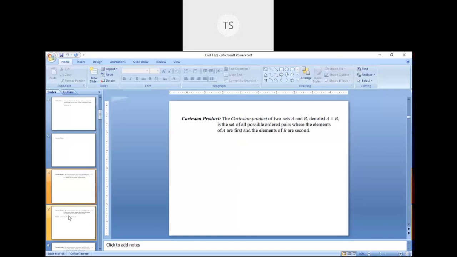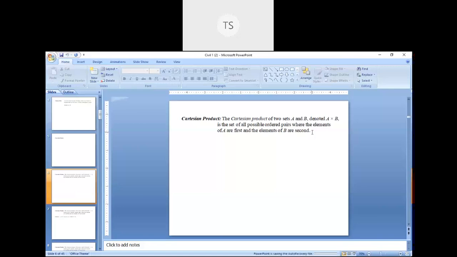For Cartesian product, you need two sets A and B, and it is denoted by A cross B. So for Cartesian product, you have to use the symbol, the multiplication sign, and it is the set of all possible ordered pairs where the elements of A are the first elements and the elements of B are the second elements. Now I think from this definition you are a little bit confused. What is that ordered pair? What are the first elements?